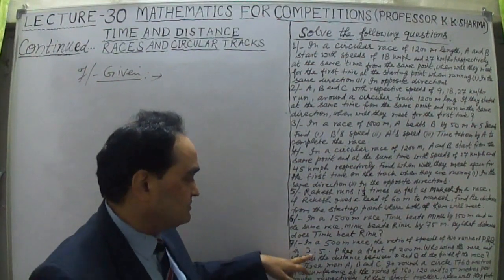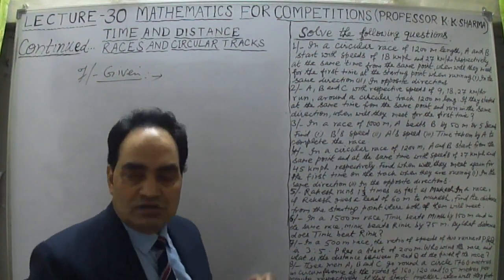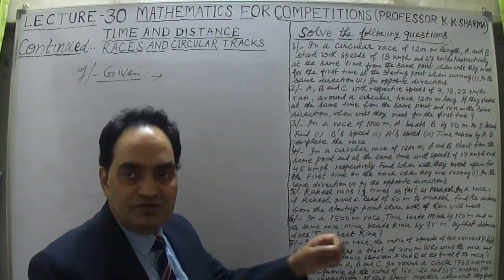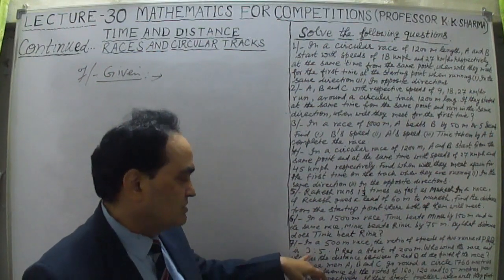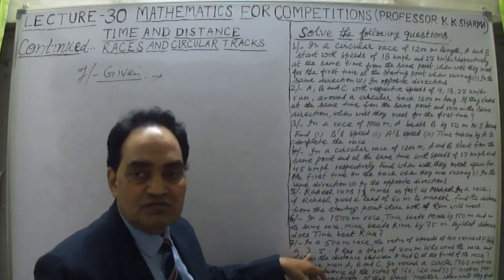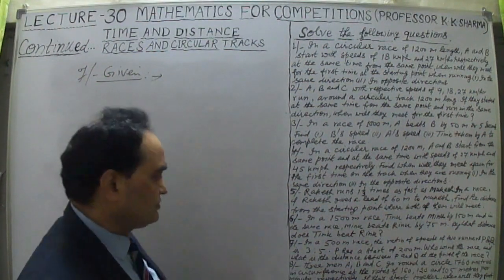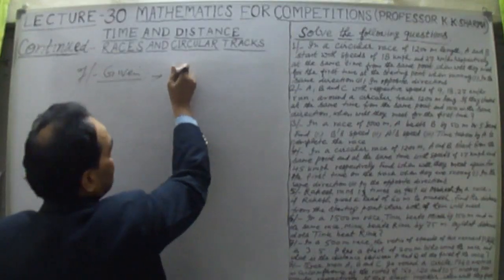Now, the ratio of their speeds is 3:5. If suppose P is running 300 meters, then Q is running 500 meters. So 3:5 ratio is there. What is given?